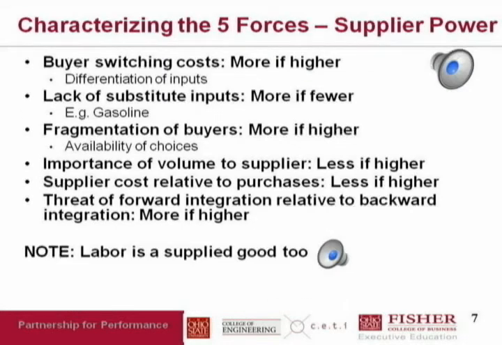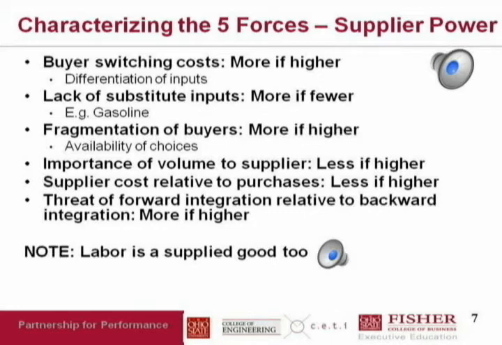Supplier power is the reverse or opposite of buyer power, and you will see that the same or similar elements impact supplier power in the opposite way to buyer power. So switching costs, if switching costs are high, then supplier power is high.